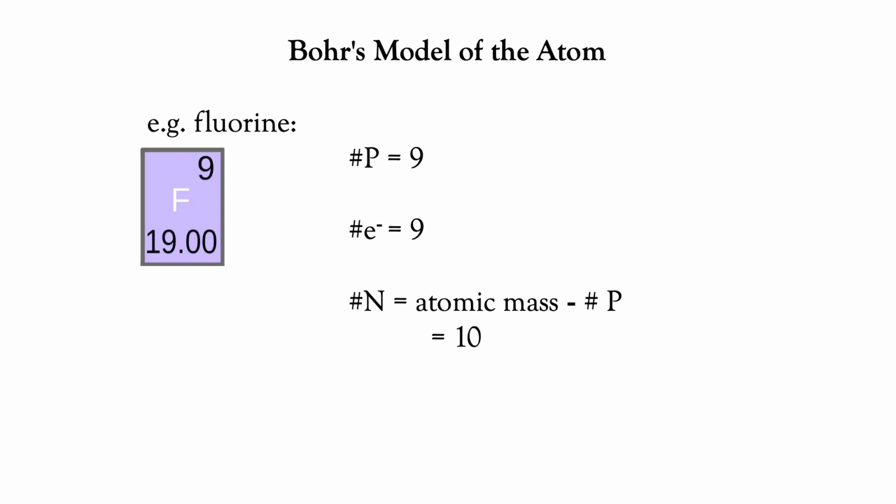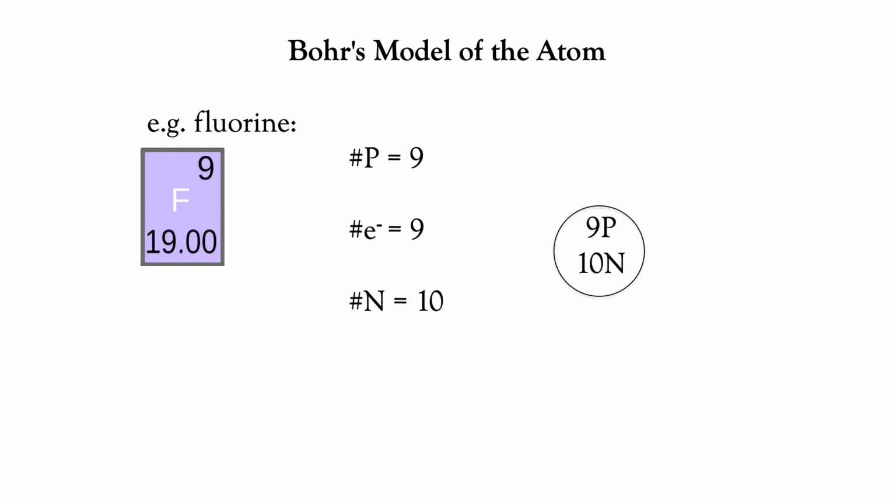So the atomic mass of fluorine, which is 19, minus the number of protons, which is 9, gives you 10. So the number of neutrons for fluorine is 10. So you have 9 protons, 9 electrons, and 10 neutrons.